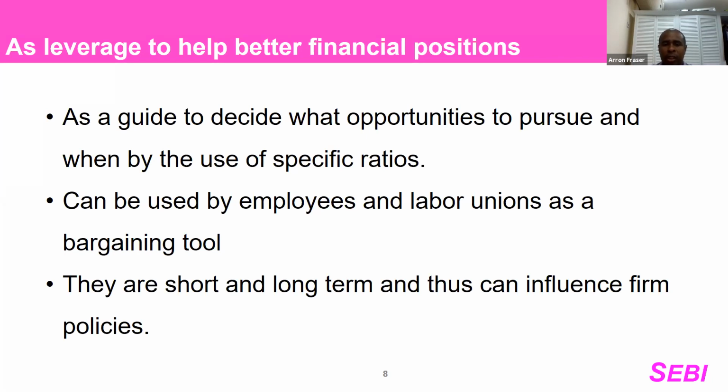Short in our sense here is 0 to 12 months, and long term is just over a year and more. Once you have calculated these ratios, they can have a significant influence on the policies or the strategies that firms implement.